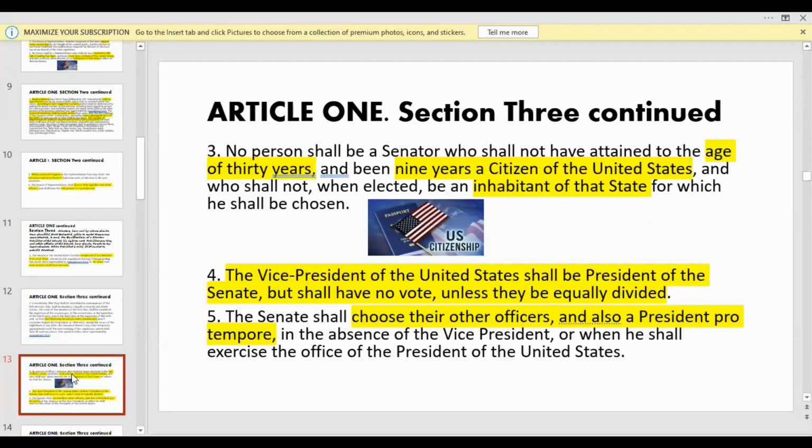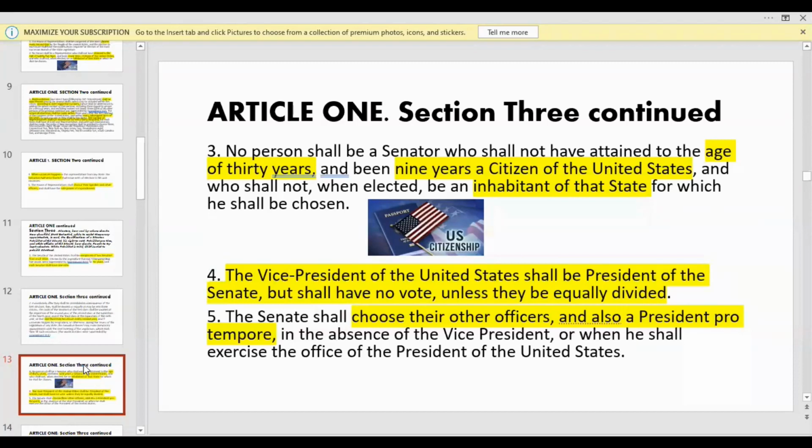Now, very often, the Vice President of the United States will say, unless it's likely that there's going to be a tie vote, why should I waste my time presiding over the Senate because I don't even get to vote. So they said that in the times where the Vice President isn't there to preside, the Senate shall pick what's called a President pro tempore, who will preside over the Senate.